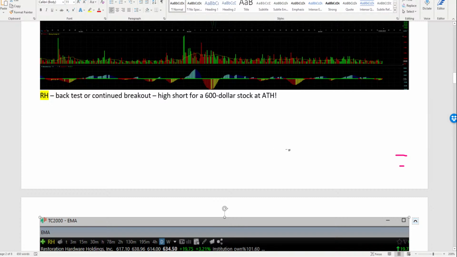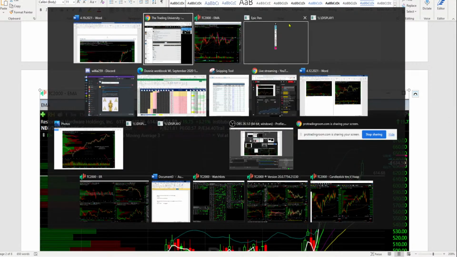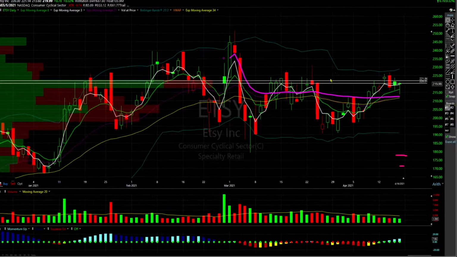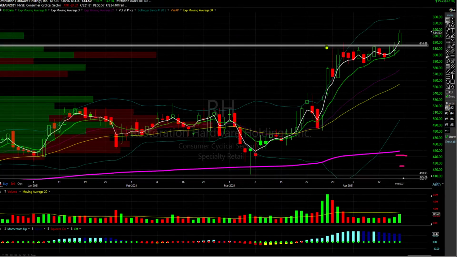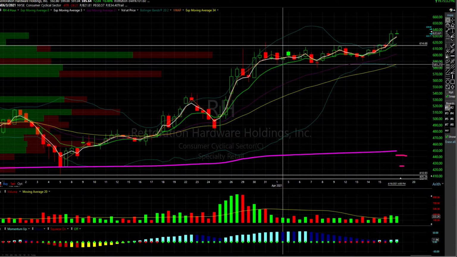RH. So Pete caught this one on the breakout. Man, this one was just a miss. I mean, this one was TTM squeeze written all over it. And if you look at this beauty, right? I mean, my goodness, high and tight consolidation.